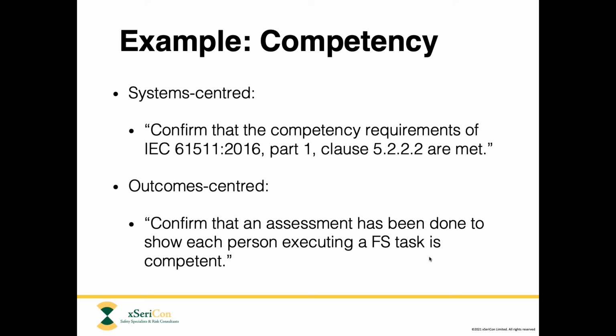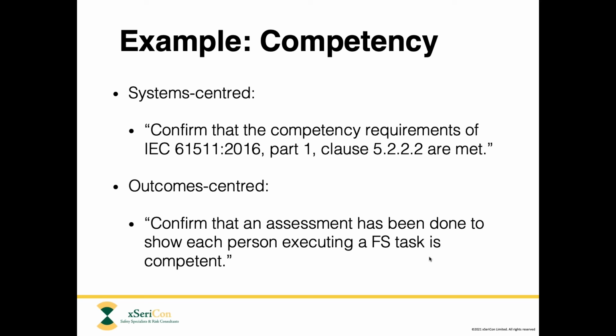So you can see it's more of an outcome. I want to see that everyone is competent rather than I want to see that you have complied with clause 5.2.2.2.